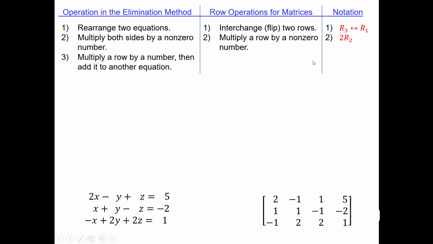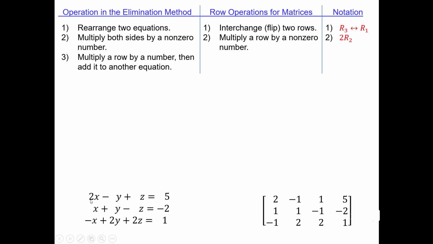And the last thing we're going to do is the actual process of elimination. But we're going to be able to accomplish this in one step as opposed to two to three steps of the elimination method. For instance, if I take a look at this system of equations right here, what if I wanted to eliminate x from the first two equations? Well, I would need to see an opposite for this term right here.